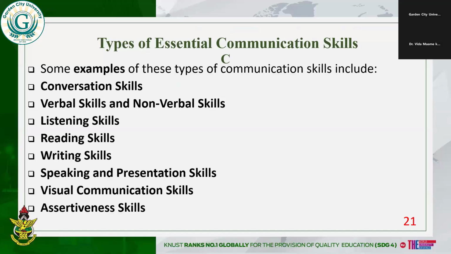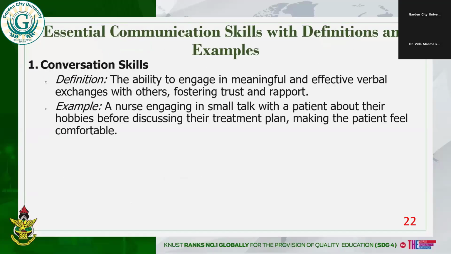So these are the examples of communication skills that we have. So what is conversation skills? That is the ability to engage in mindful, meaningful, and effective verbal exchange with others, fostering trust and rapport.